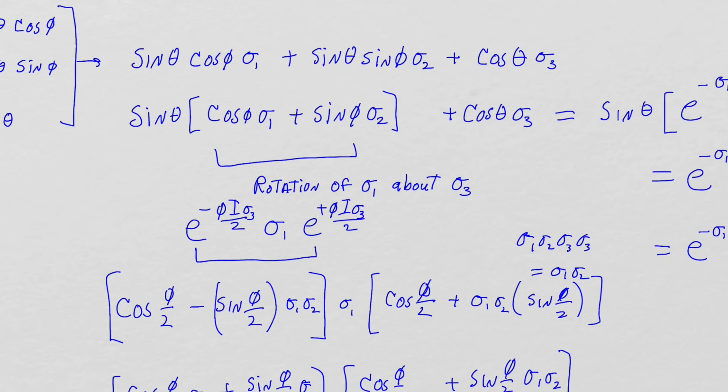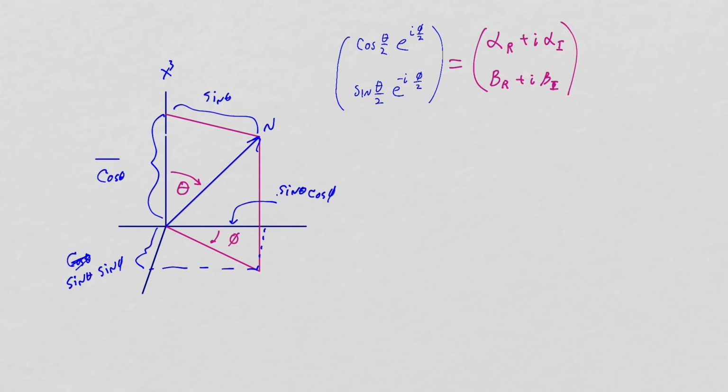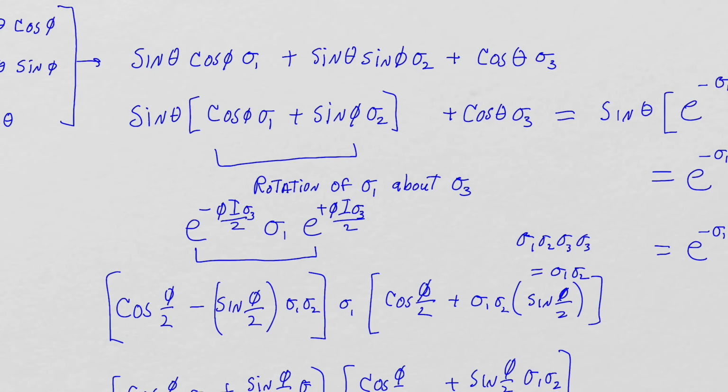Now you should see where this is going, right? These are just basis vectors on our Bloch sphere, right? This would be sigma 3, sigma 1, sigma 2. Let me see, no, this would be sigma 1, I think. But regardless, you have the three basis vectors. Those are going to be what jumps into our geometric algebra.